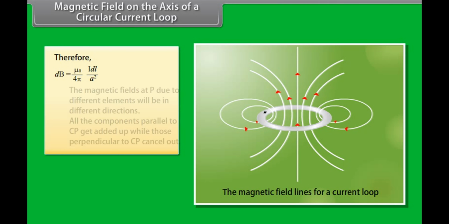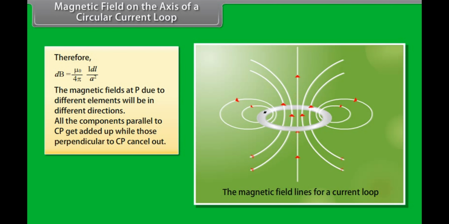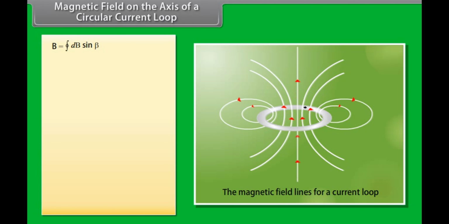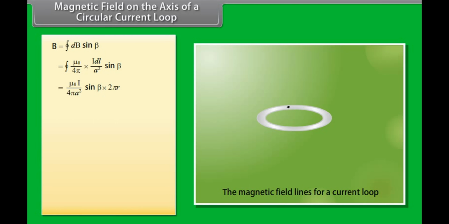The magnetic fields at P due to different elements will be in different directions. All the components parallel to CP get added up, while those perpendicular to CP cancel out. Now the total magnetic field at P due to the whole of the current loop is given by closed integral of dB sine beta. By putting the values in this equation, we get the total magnetic field at P equal to mu naught I upon 4 pi a square multiplied by sine beta and 2 pi r.